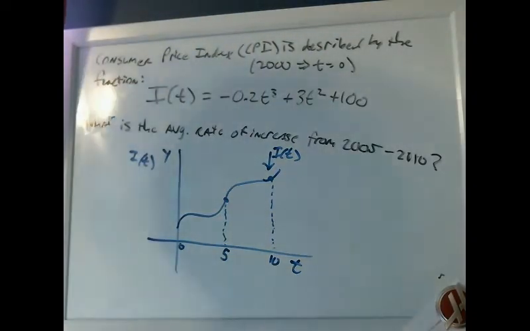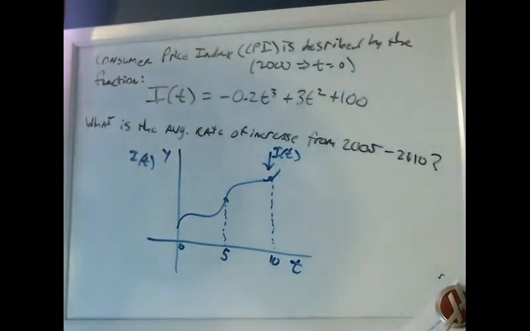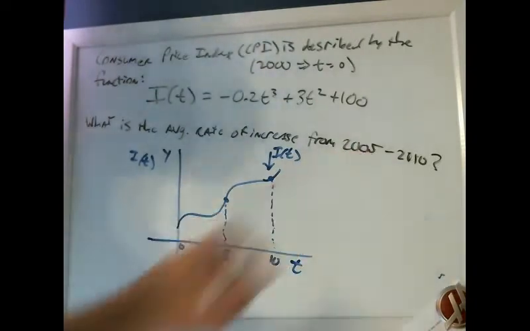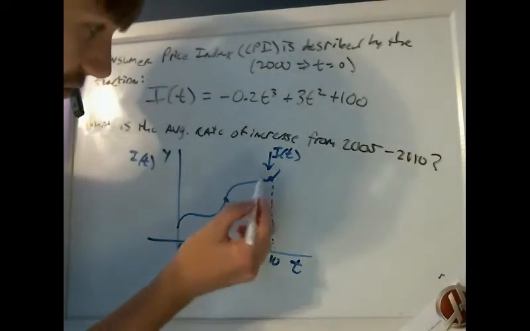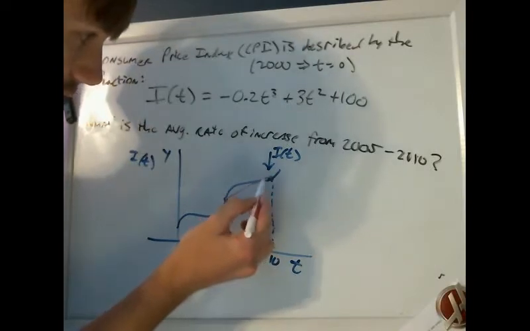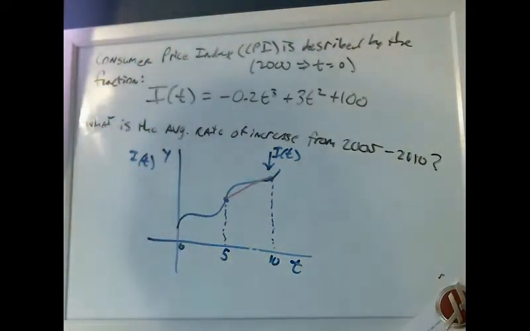So when it's asking us for the average rate of change, that simply means the average rate of increase from 2005 to 2010 is basically the slope between these 2 points right here. Slope is the average rate of change.